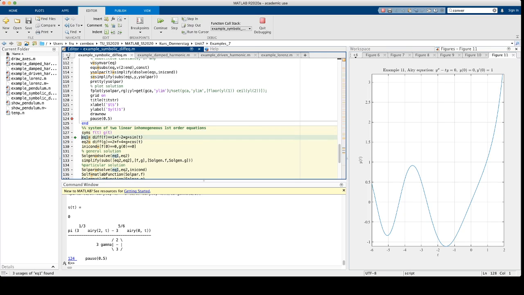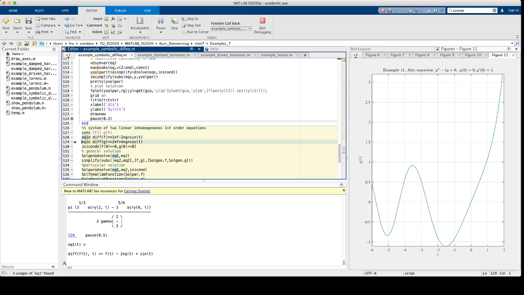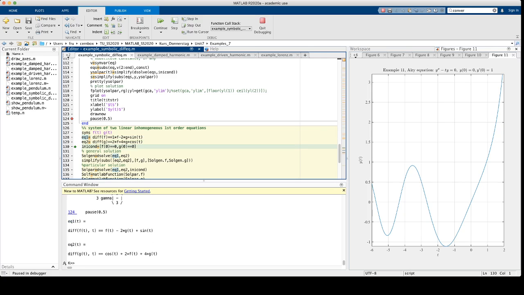The first one reads f prime equals f minus 2 times g plus sine of t, and the second one reads g prime equals 2 times f plus 4g plus cosine t. We define two initial conditions. This means that we start this dynamic system at 0, 0 at the origin.